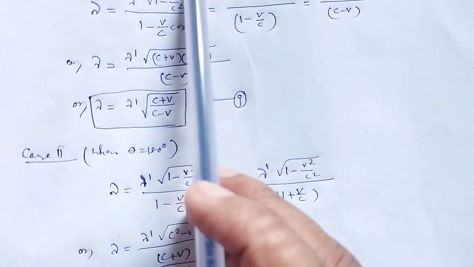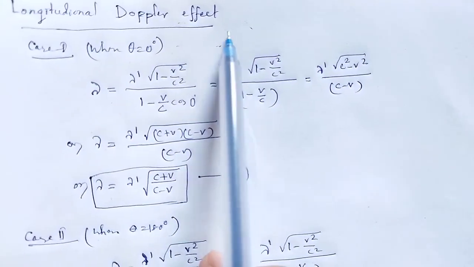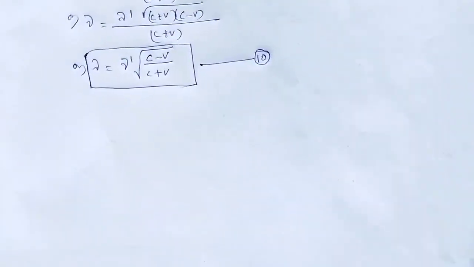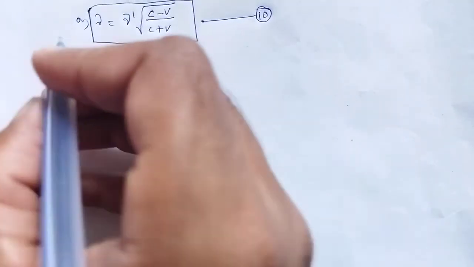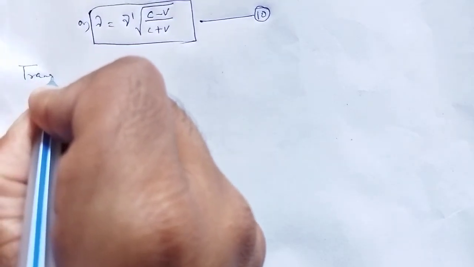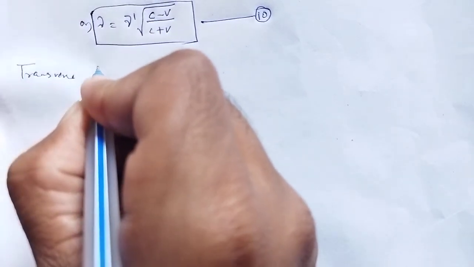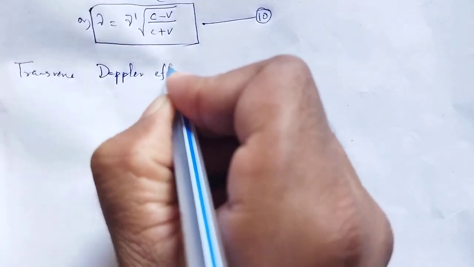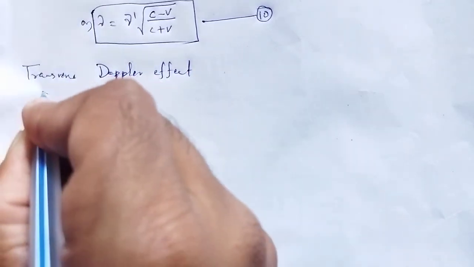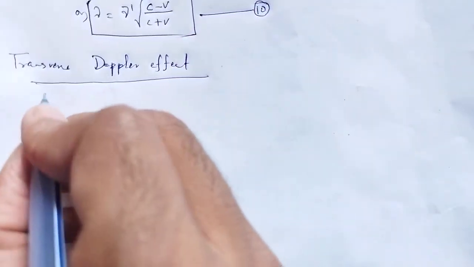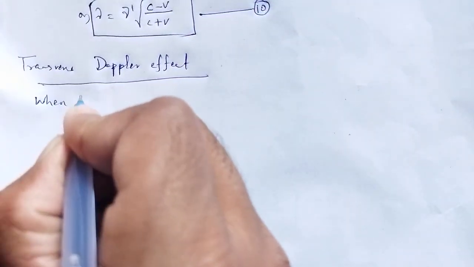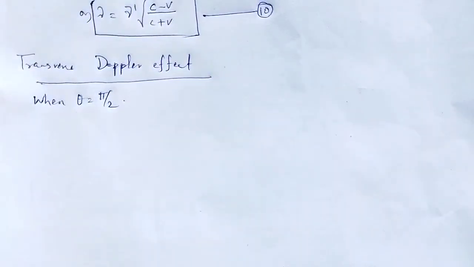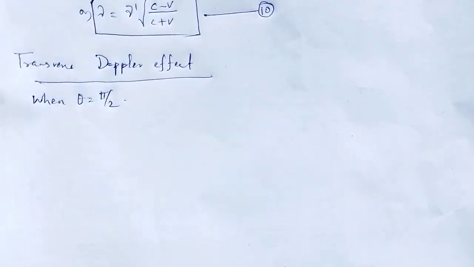This is longitudinal Doppler effect conditions when theta is equal to 0 degree and theta is equal to 180 degree. Another type of Doppler effect is the transverse Doppler effect. Here theta is equal to pi by 2. When theta is equal to pi by 2, that means the source and observer move at right angles to each other.